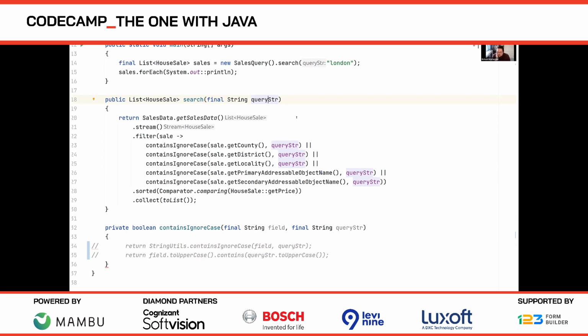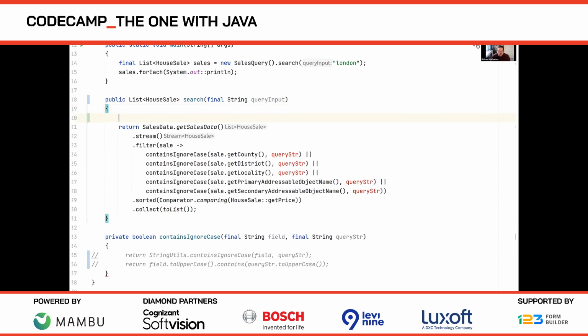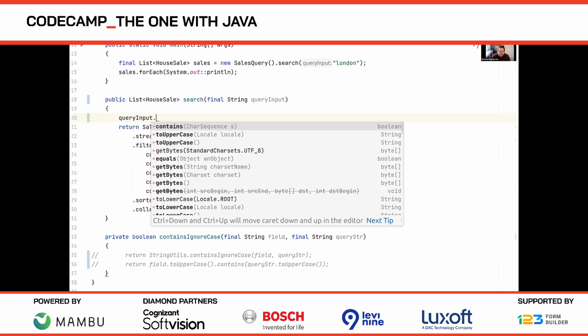The business requirement we have is we want to check whether our input query string is within any of these fields in our sales data, ignoring the case. But one thing I didn't mention early on was that those fields are already stored in our data store in uppercase format to begin with. So using that domain knowledge, we can simplify the problem down entirely.